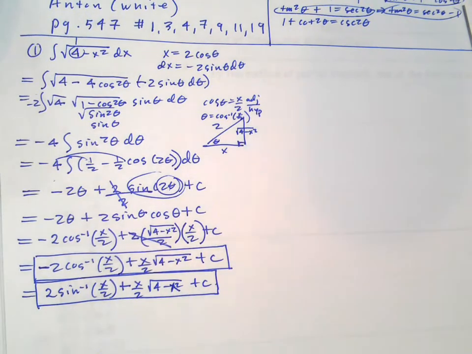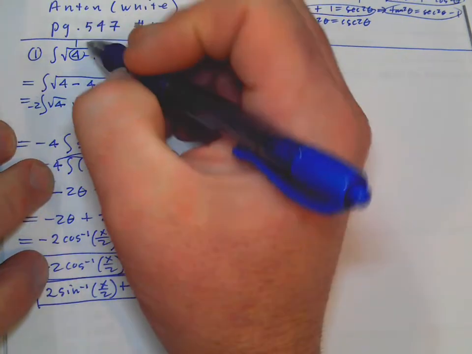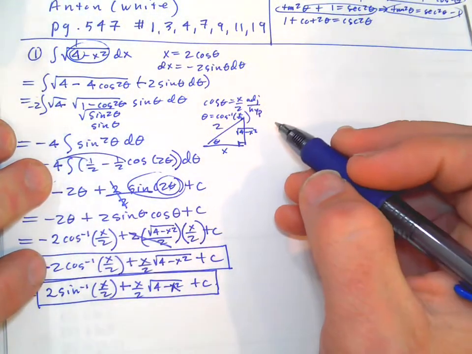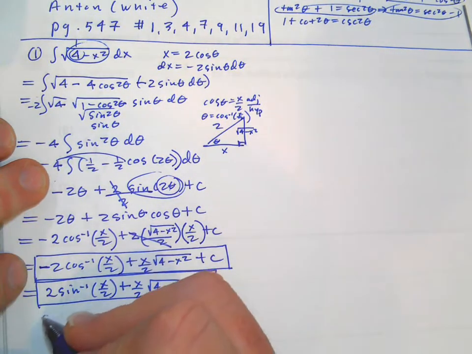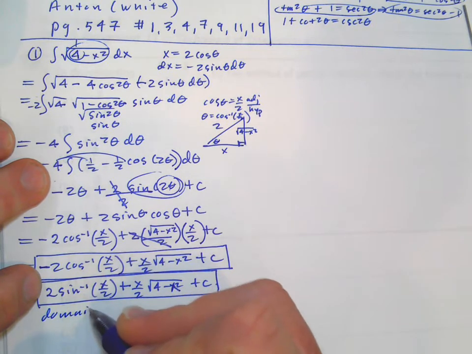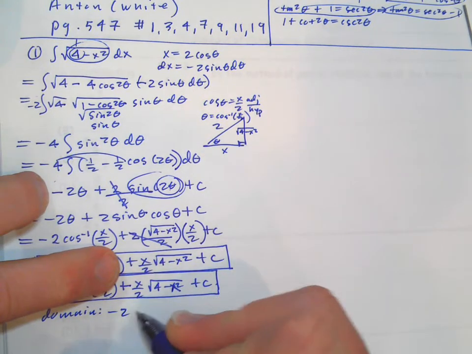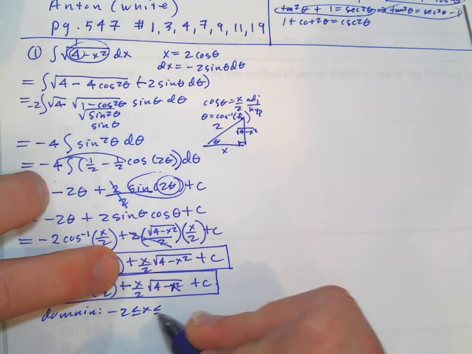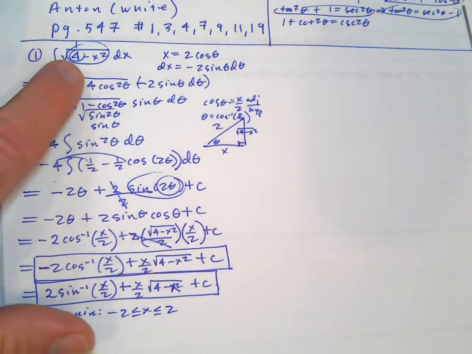With these problems, there's also a domain issue involved in them. Like this original problem, you're only going to be able to integrate it for values of x between -2 to +2, right? Otherwise, you're getting imaginary.